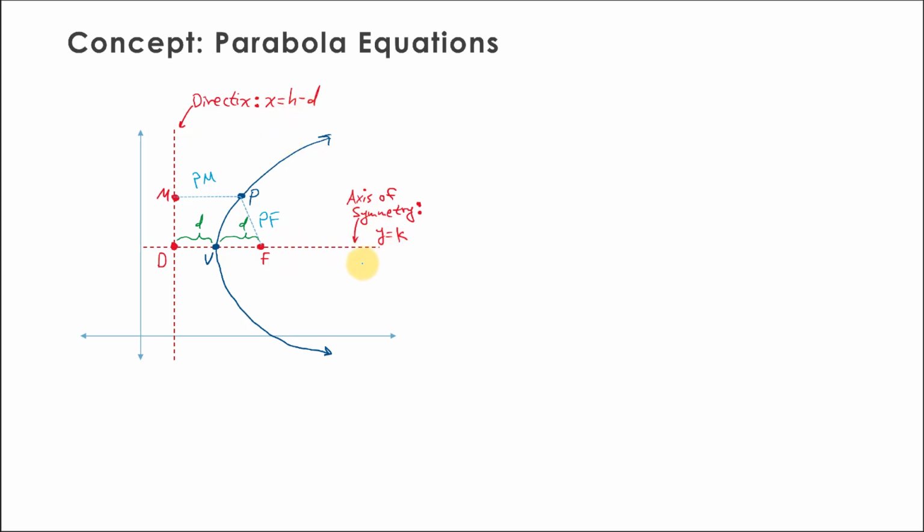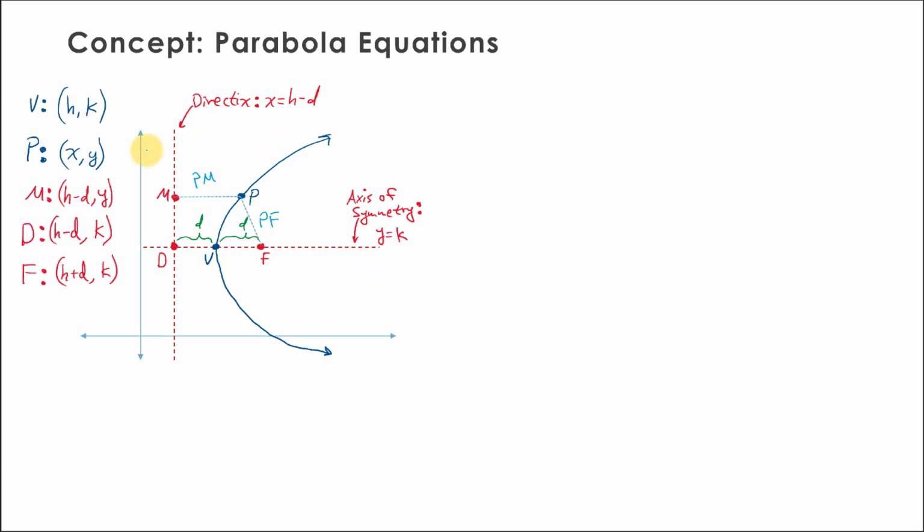Well, we're going to assign some generic coordinates to our vertex and to this point here, the point that we're looking at. The point has the coordinates x, y, and the vertex always has the coordinates h, k. Then this point on our directrix has coordinates h minus d, y, and this point D here has the coordinates h minus d, k.